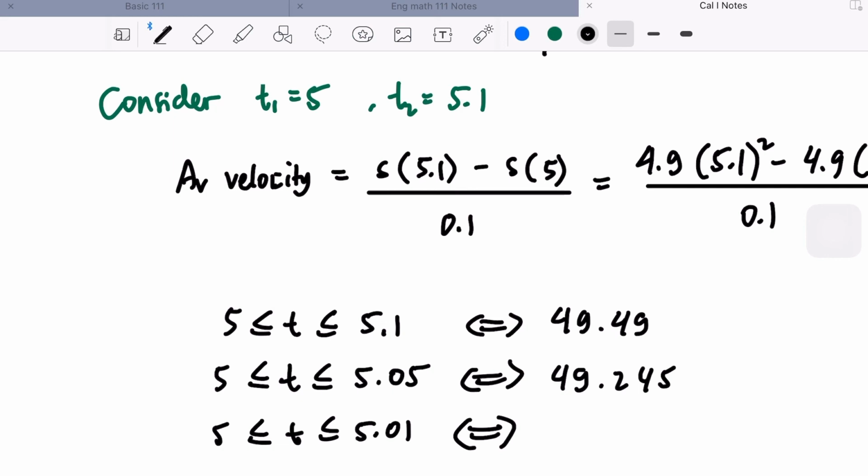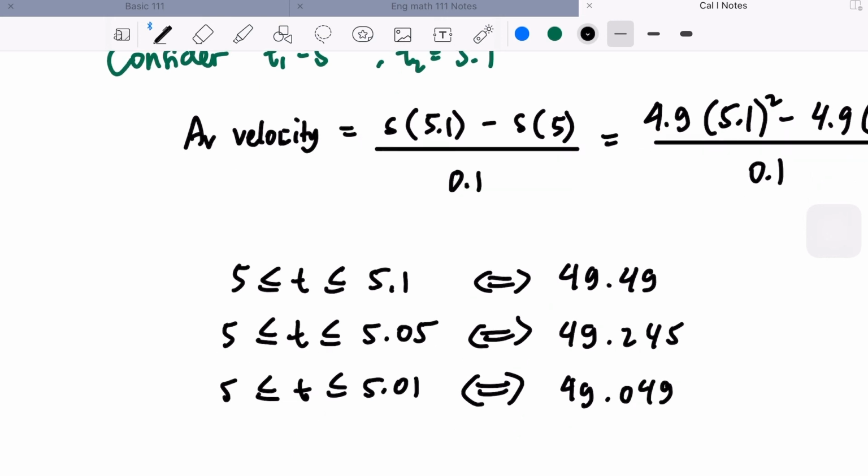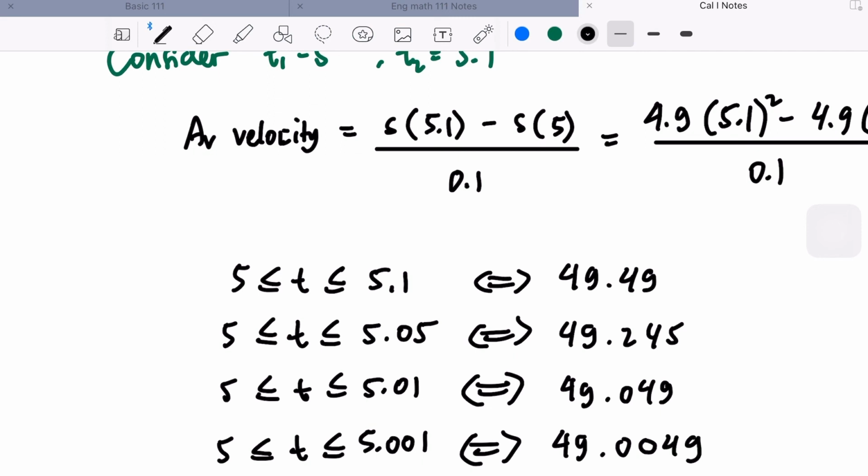of course you can also try to prove the number with your calculator, it's also getting smaller. And when we make one more decimal, 0.001, we get 49.0049.